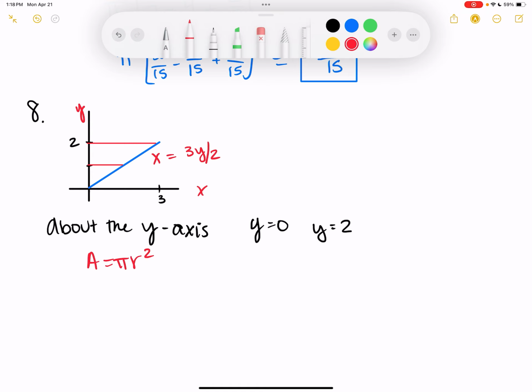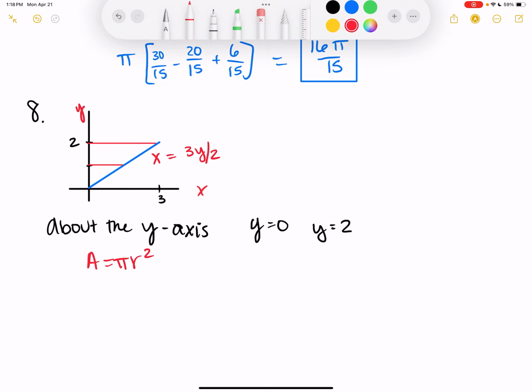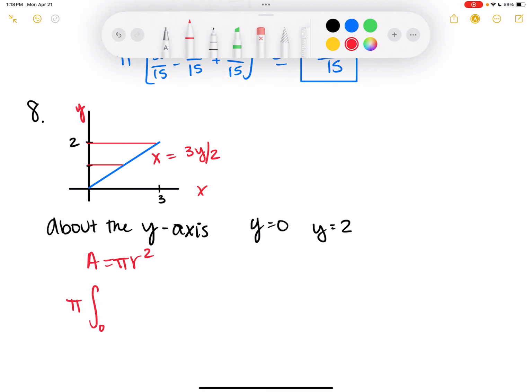So then I've got pi, is the integral from 0 to 2 of 3y over 2 squared dy.